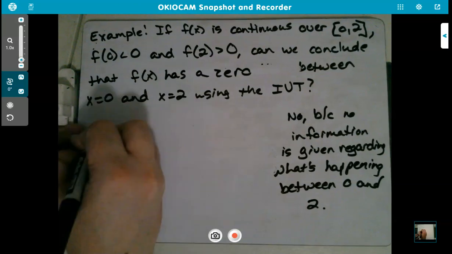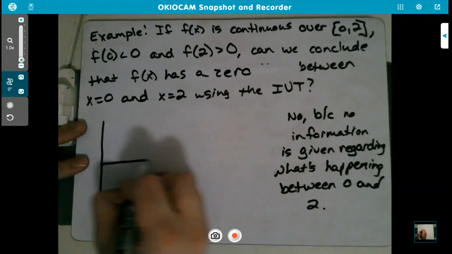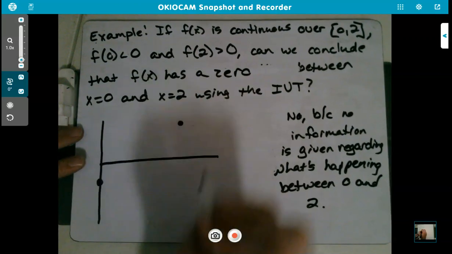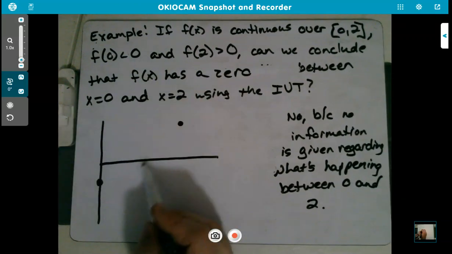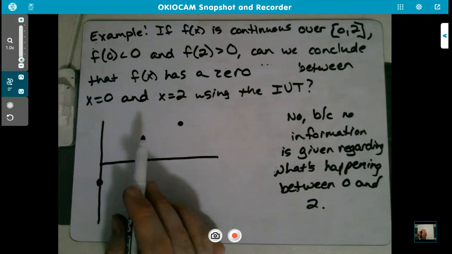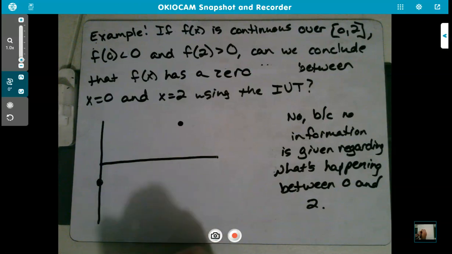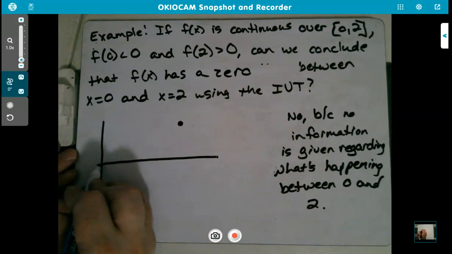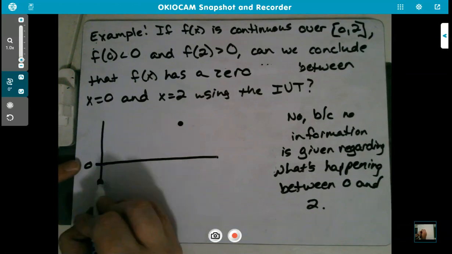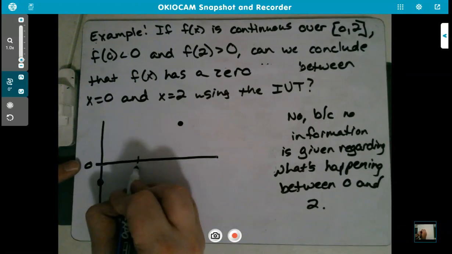So what this wording is saying now: f of 0 is negative, f of 2 is positive, and I want to know, does it cross the x-axis at some point between them? Remember, it says for any value of y between f of a and f of b, there is a point there. So 0 is between them, which means there has to be a value of x between 0 and 2 that makes this work.